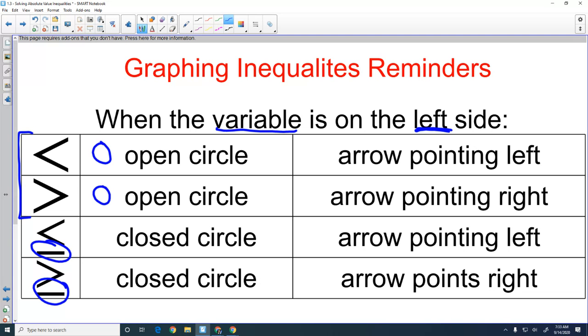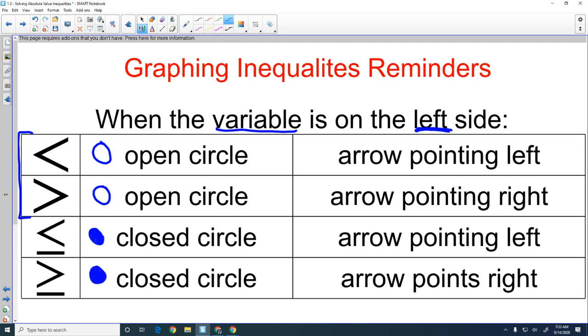But when it's or equal to, like these bottom two symbols, the less than or equal to or greater than or equal to, whenever you circle that number, you then close it or fill it in. So that's what closed means. It means to fill in the circle. And that's telling me that my solution actually includes that number, meaning that number is part of the inequality. It makes that inequality true.